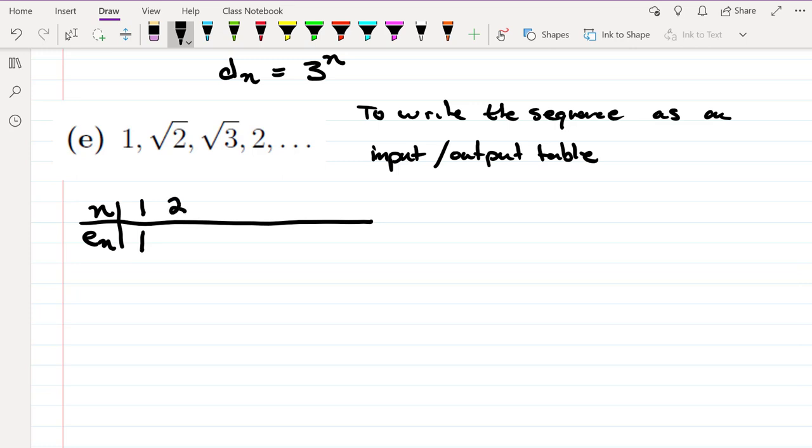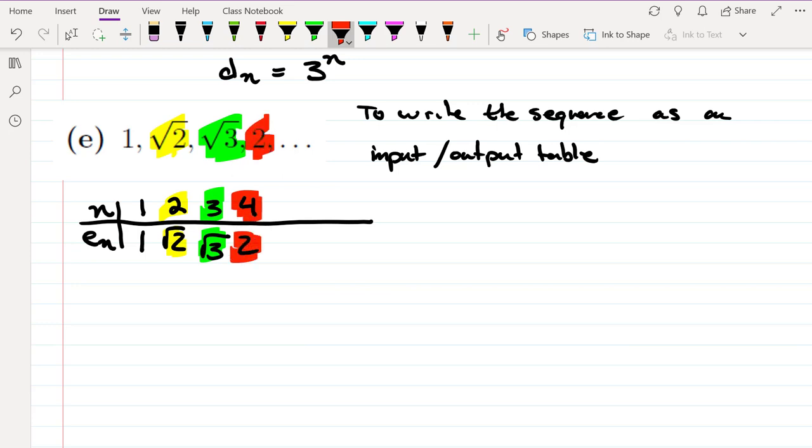Our second one, 2, is going to get paired with the second one, which is the square root of 2. And then our third term is going to be the square root of 3, so 3 gets paired with the square root of 3. And finally, the fourth term, 4 gets paired with 2.